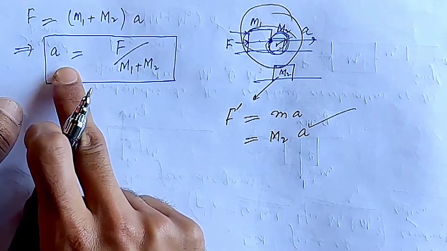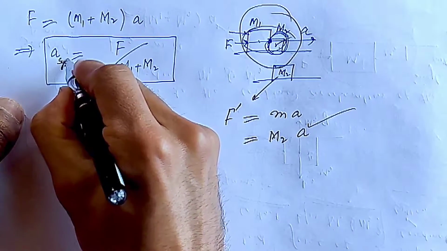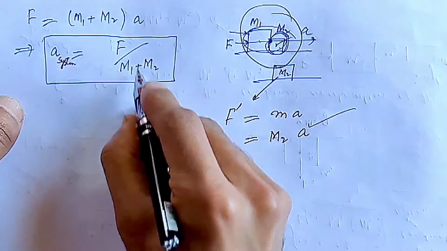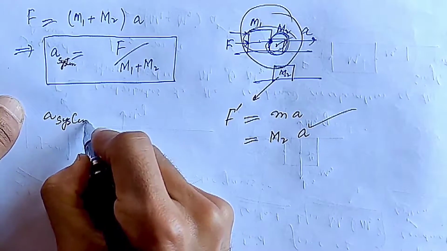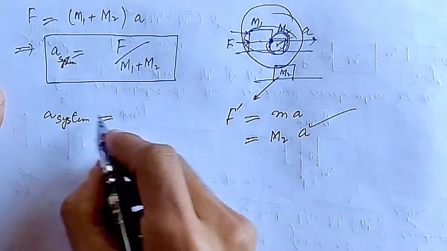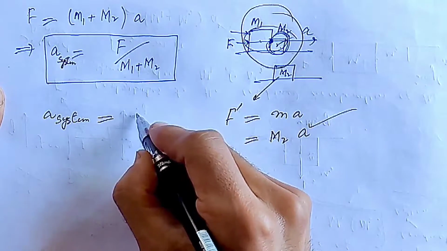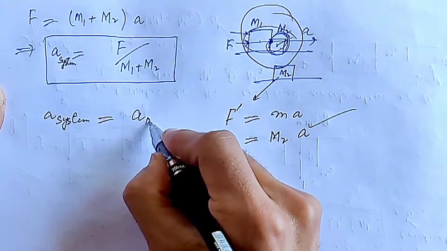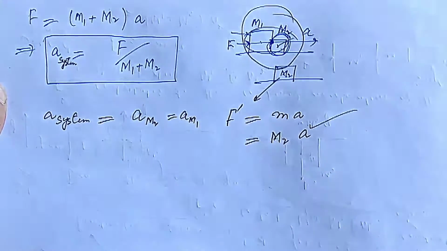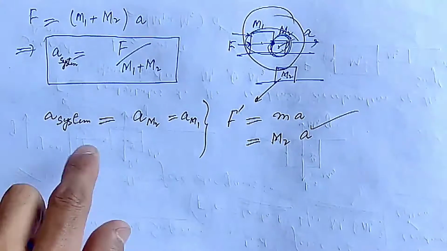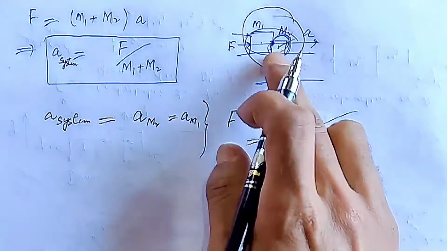So the acceleration of the system, here I will write it, acceleration of the system is given as this. The acceleration of the system is the same as the acceleration of M2, which is equal to the acceleration of M1, because all the accelerations are the same.